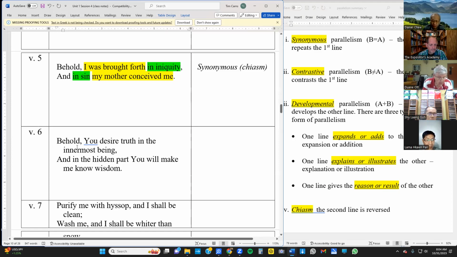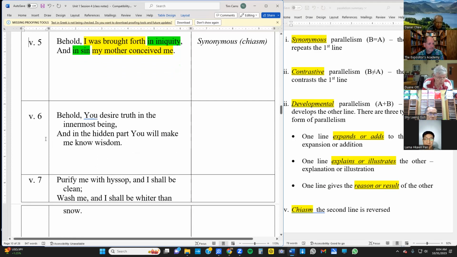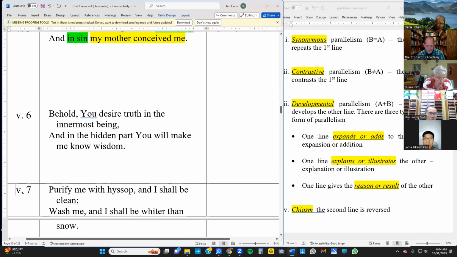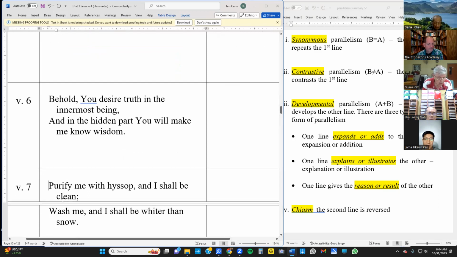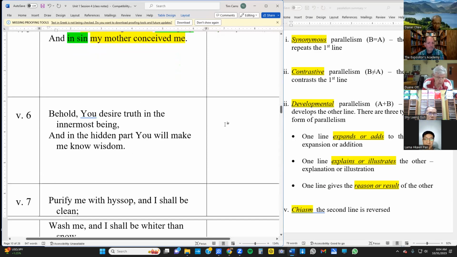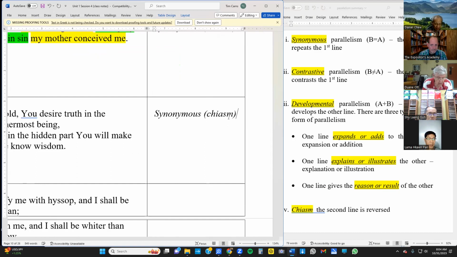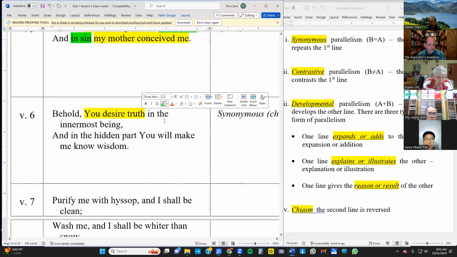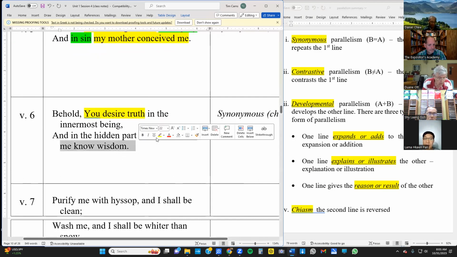Behold, you desire truth in the innermost being, and in the hidden part, you will make me know wisdom. Again, there is a synonymous, and I think there's a chiasm there, where in the innermost part, and in the hidden part. So the first part is you desire truth in the innermost being, and then in the hidden part, you want me to know wisdom.